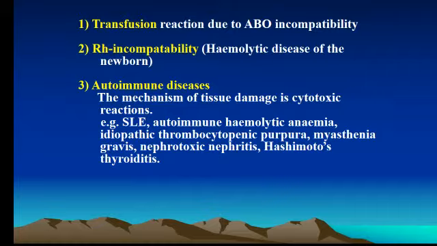Examples of this autoimmune disease are SLE, autoimmune hemolytic anemia, idiopathic thrombocytopenic purpura, myasthenia gravis, nephrotoxic nephritis, and Hashimoto's thyroiditis.